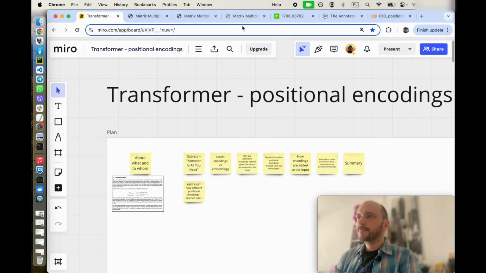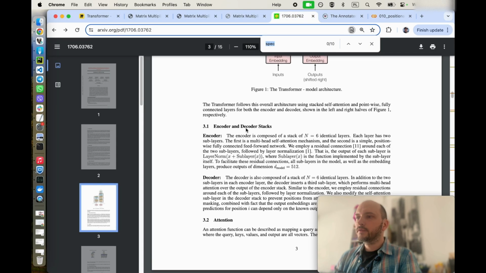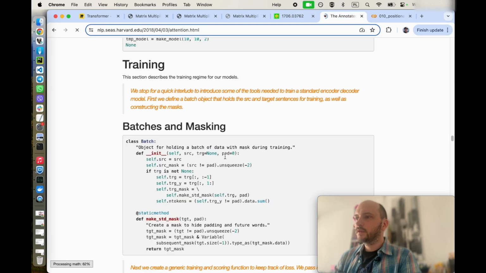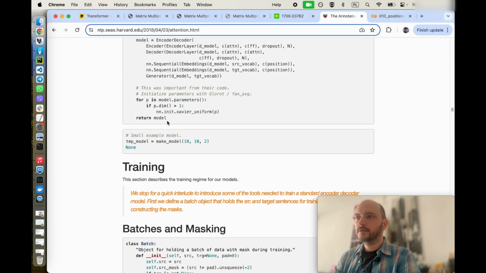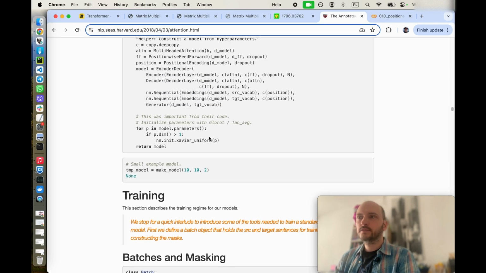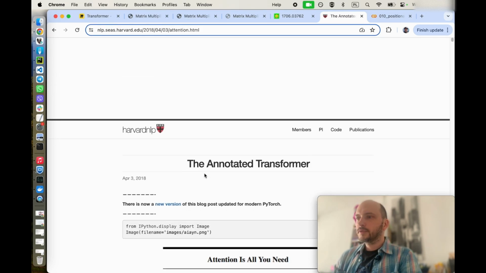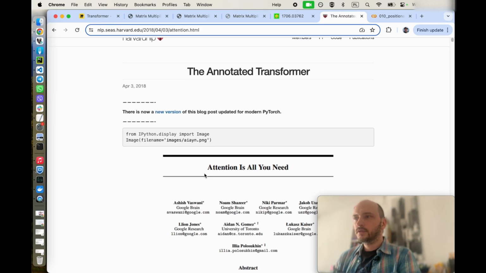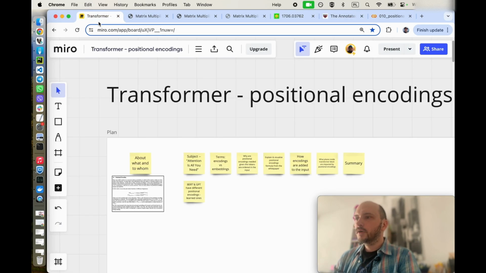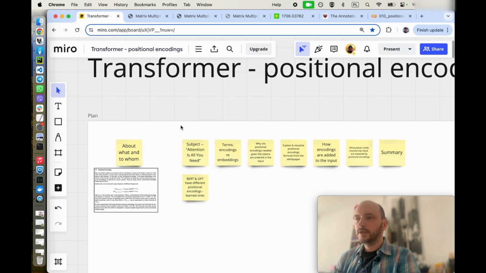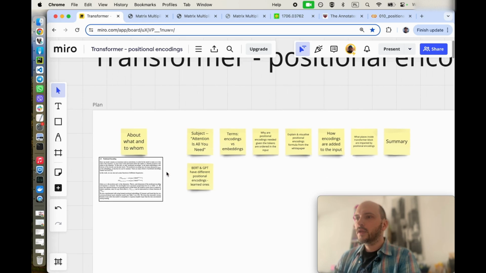We probably will also look into the original paper and into the awesome Annotated Transformer, which contains the text from the initial white paper plus some annotations, code snippets, and other explanations. But the key plan for us will be here on Miro.